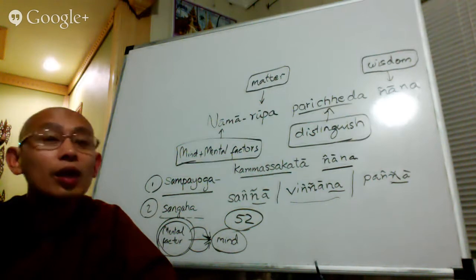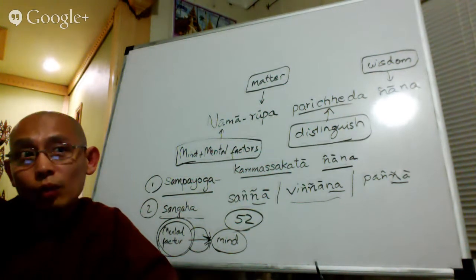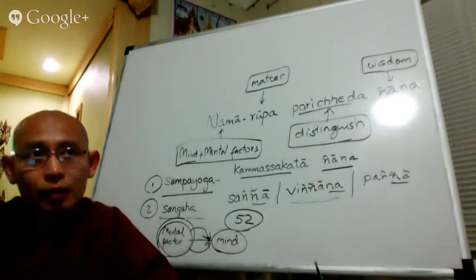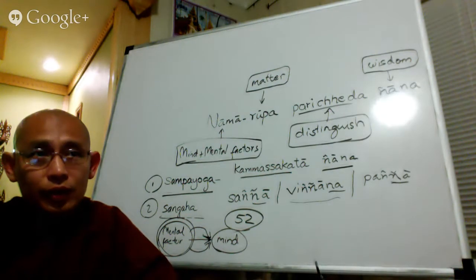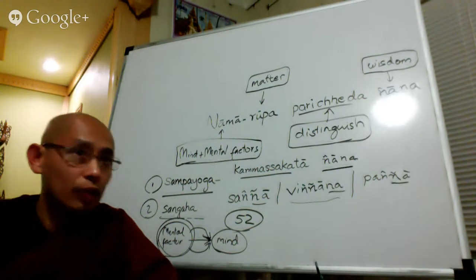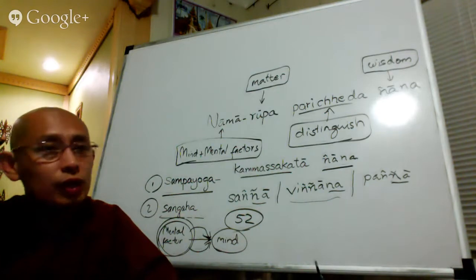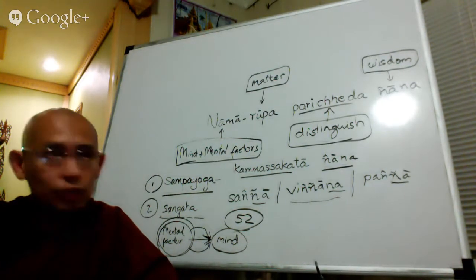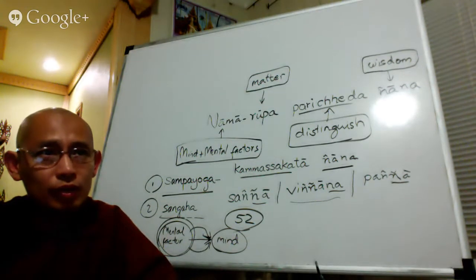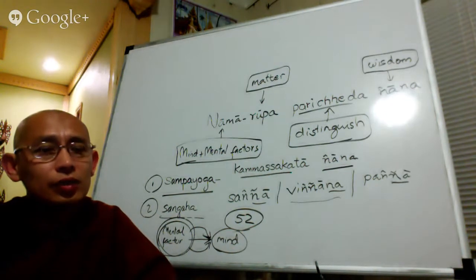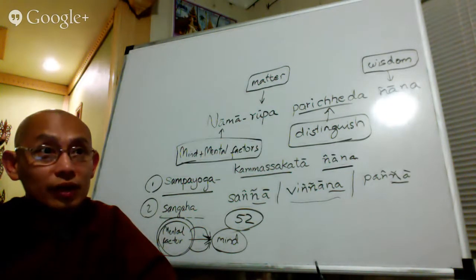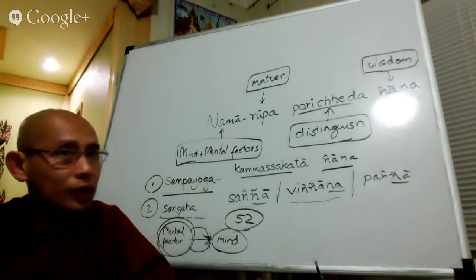Because the Rupavachara 5th jhana level is already attained, you can develop into the Arupavachara. Without the 5th jhana level, you cannot go to the Arupavachara jhana level. So that's why Arupavachara is 5th jhana level, no Vitaka.